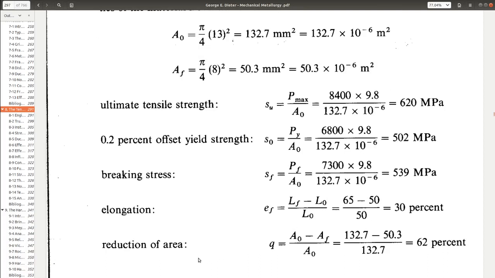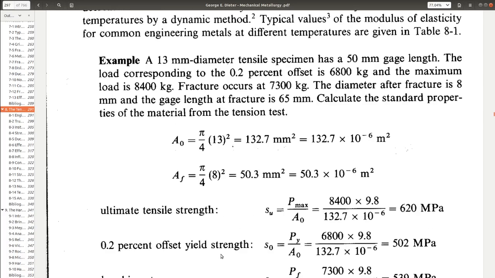But one more thing, we could also measure the reduction of area. The initial diameter has been given.